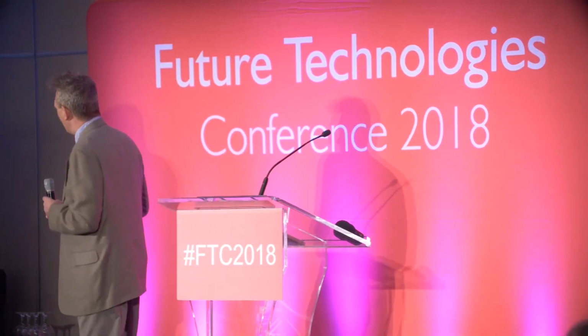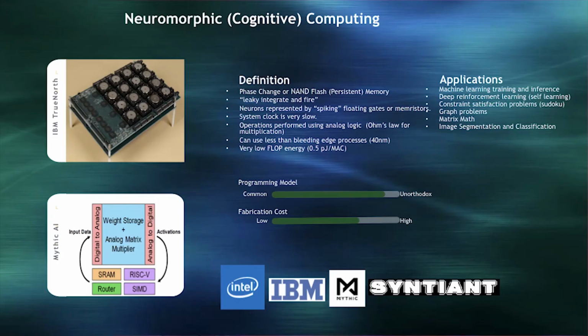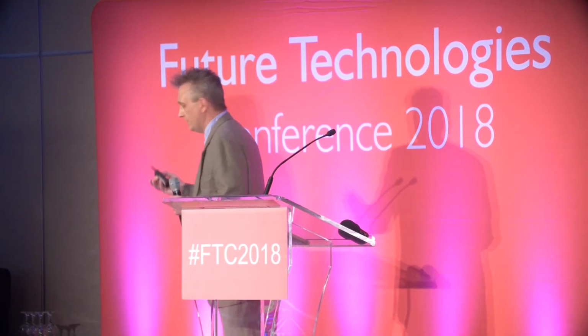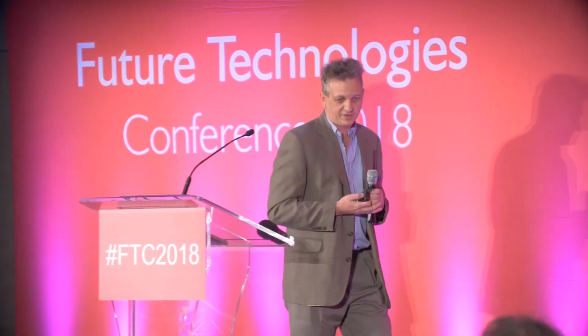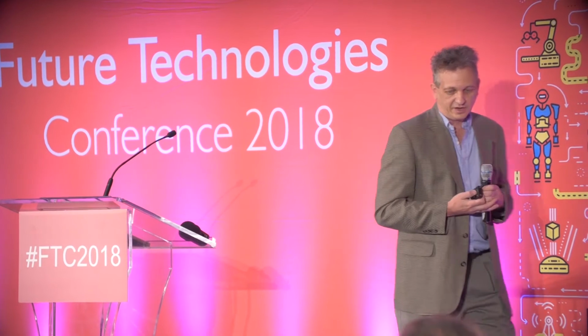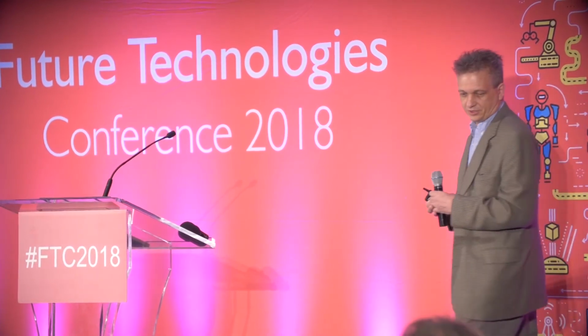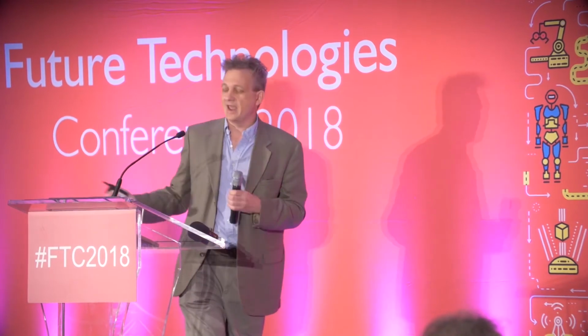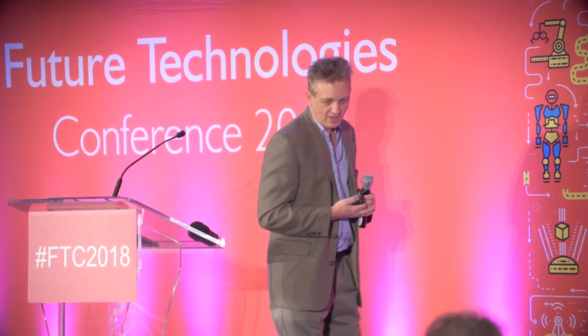So neuromorphic computing or cognitive computing, however you might define it, there's a number of companies, large, small, startups, and well-founded companies working in the areas of neuromorphic. This is the TrueNorth chip. This is a government-sponsored or government-sanctioned chip. And basically, it's dealing with phase change or NAND flash memories.